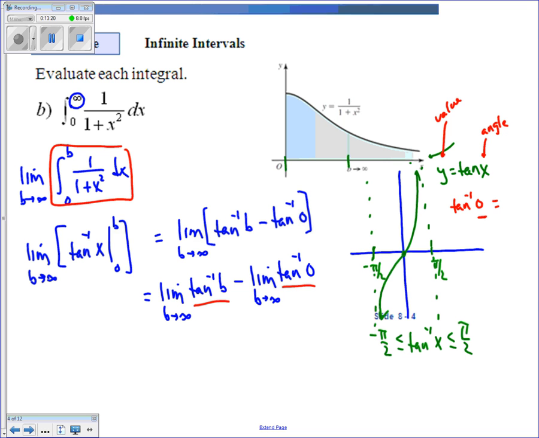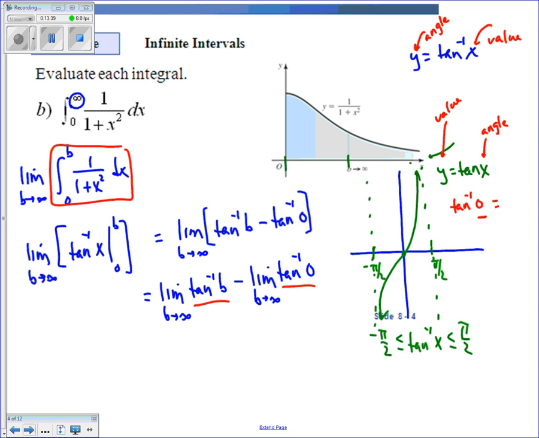Inverse tangent is actually taking a value and returning the angle. Remember, inverse functions just reverse the x and the y values. They replace the values and angles.